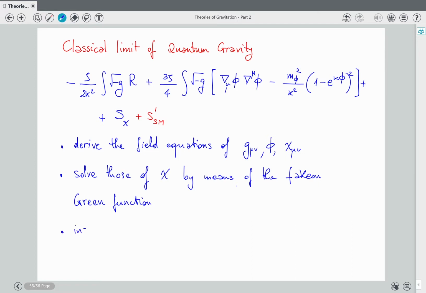Insert the solution into the other equations. And then, if phi is also fake, repeat the same for phi.